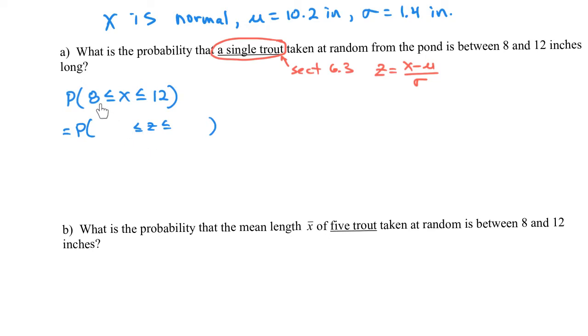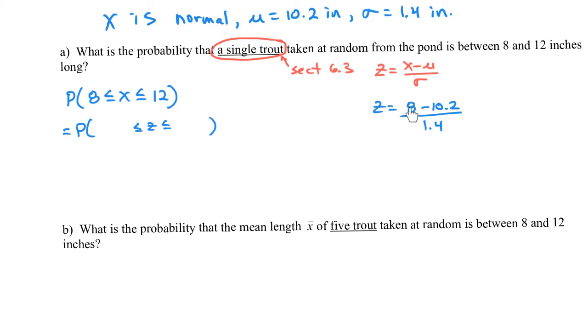We just need to see what z-score an 8-inch trout corresponds to and what z-score a 12-inch trout corresponds to, and we can use this formula for that. For the 8-inch trout, z equals 8 minus 10.2 over 1.4. The mean is 10.2 and the standard deviation is 1.4, as listed above.